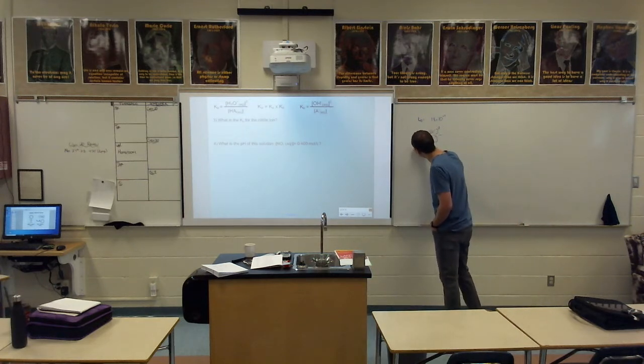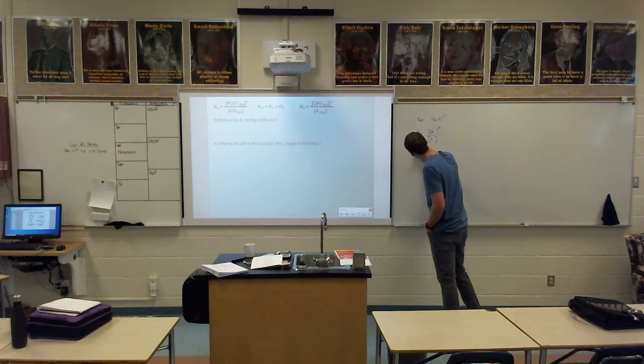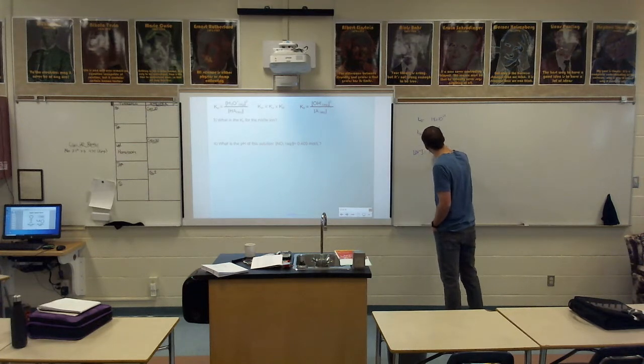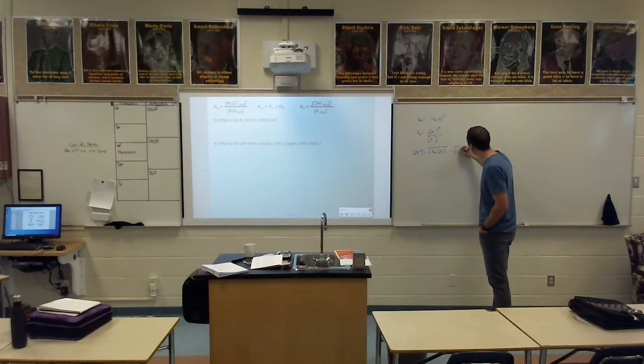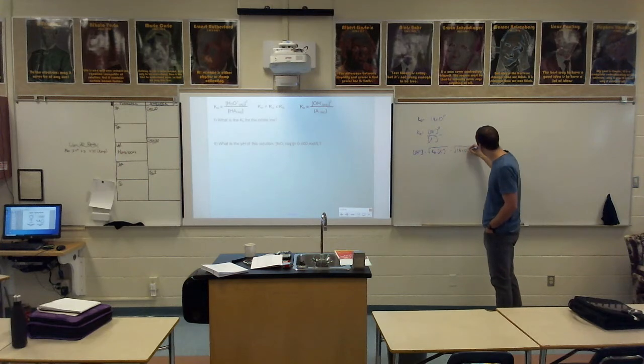So what I would say is OH minus is equal to the square root of Kb multiplied by A minus. So I have the square root of that 1.8 times 10 to the negative 11 multiplied by the 0.400.